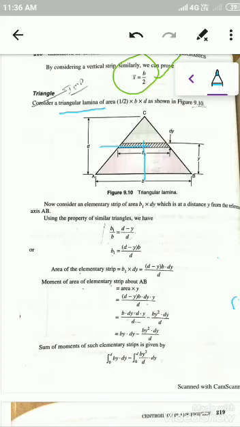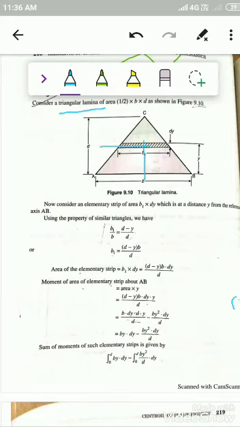You know that the area of the triangle is half into base into height. Here the height is d and the base is b, so that is the area of the triangular lamina. Now consider the elementary strip.